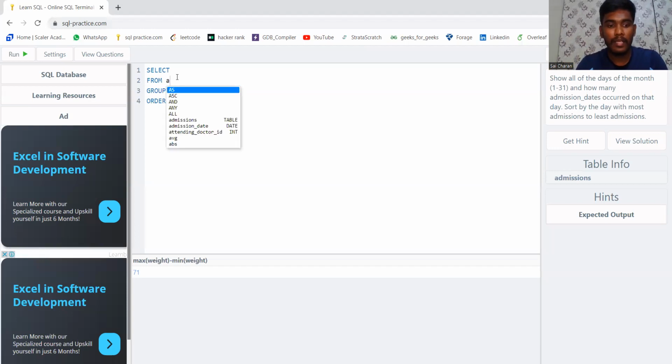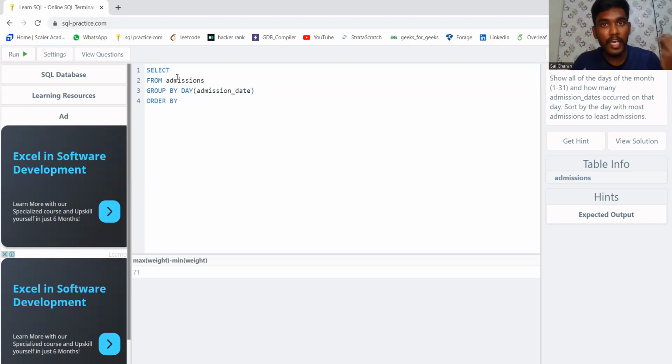So from the admissions table, group by day of admission date. Let's say on January 1st there were 20 admissions. For simplicity's sake, let's say on the first day of every month 30 admissions happened.